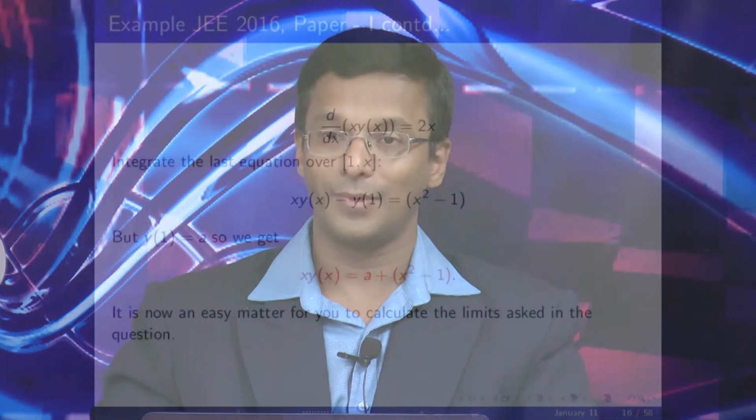The plus x term is not a problem because it's going to be bounded on 0 to 2, but (a minus 1) upon x, what happens to it as x goes to 0? As x goes to 0, it will either go to plus infinity or it will go to minus infinity depending on the sign of the term a minus 1.